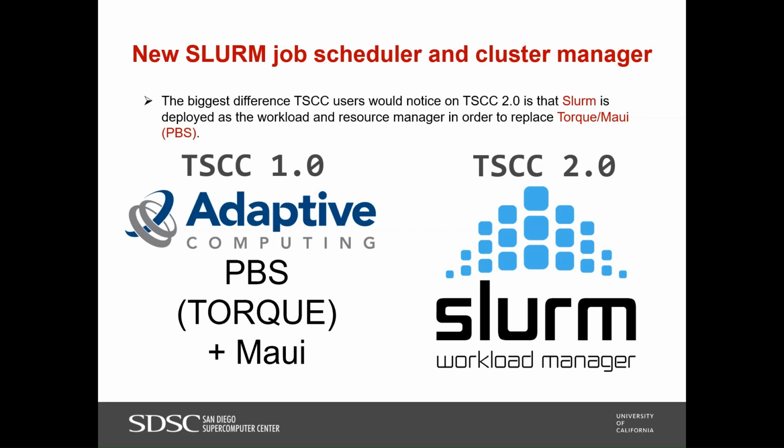And this combination actually is very out of date, and it has had end of life support for a long time. So under our TSCC 2.0, we will use a very popular job scheduler called Slurm to schedule and monitor jobs.